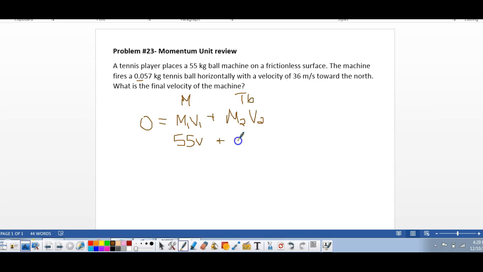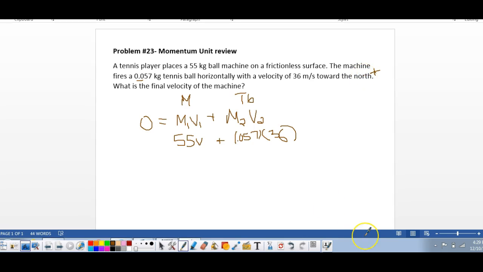The tennis ball has a mass of 0.057. Put little parentheses around that. And the velocity is 36. And it's going to be to the north, so we made that positive, right? So if we get a negative answer, we shouldn't say, oh no, I got a negative answer. We should say, oh, it just means it's going the opposite direction as north.